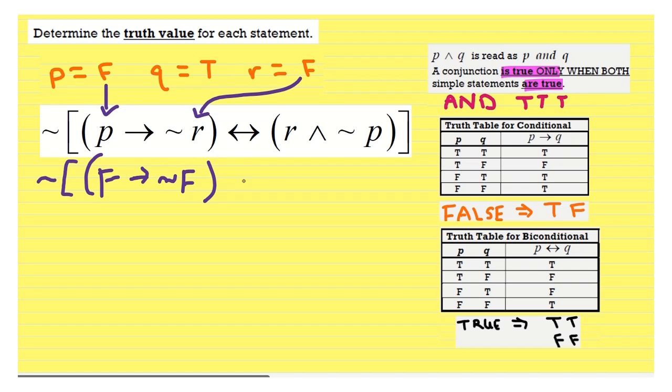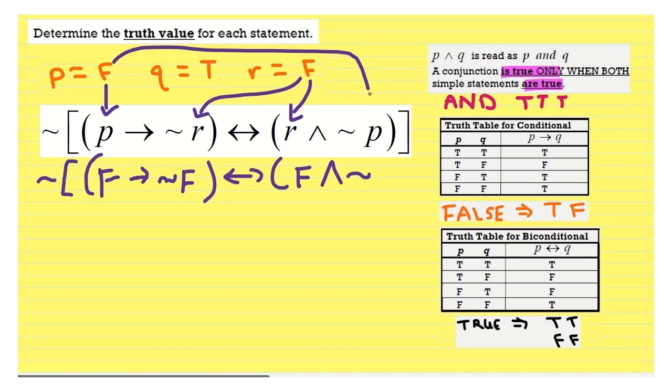And then close parentheses, if and only if, parentheses, R value of F and not, and then P value of F again, close parentheses, close bracket. Okay, keep all those brackets in place because that could affect your final answer.